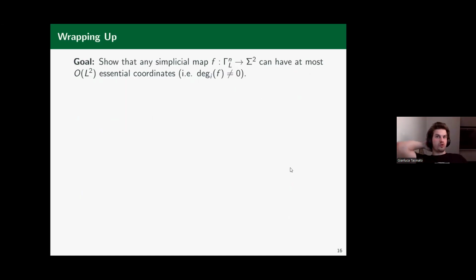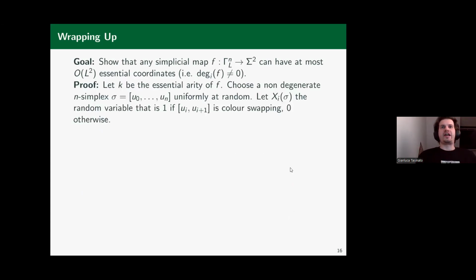How can we use this to prove what we are interested in? So we fix any simplicial map from gamma n L to sigma 2, and we want to show that it has at most O of L squared essential coordinates.